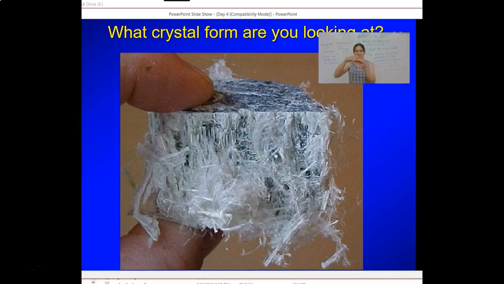This one, if you take it, kind of disintegrates into powder, almost like a really worn pair of jeans where you get that little fuzz at the knee or in the pockets. Do you remember what that one is? It looks kind of like fiber. Hint, hint, nudge, nudge. That one is fibrous. This is the mineral asbestos.